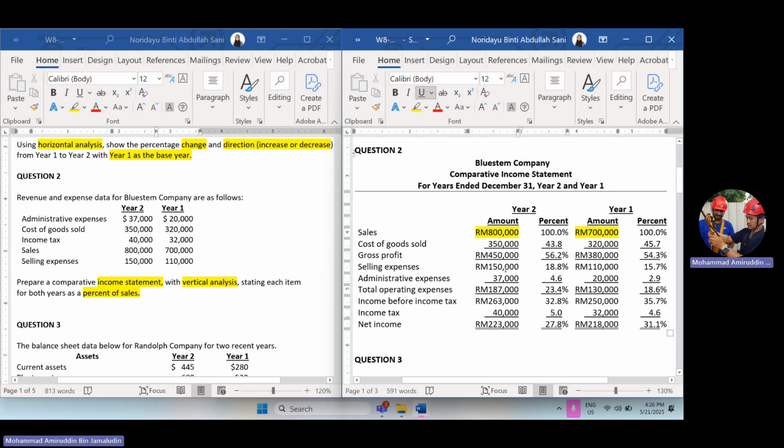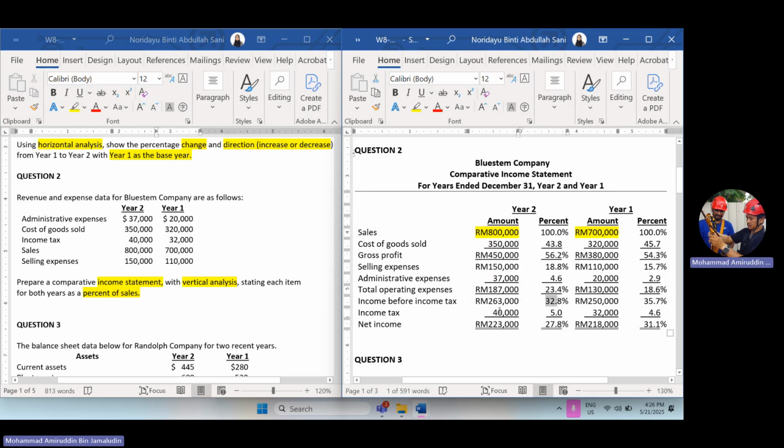Total operating expenses, this plus this, 187. Income before income tax, 450 minus 187, 263. So 263 over 800, you get 32.8.